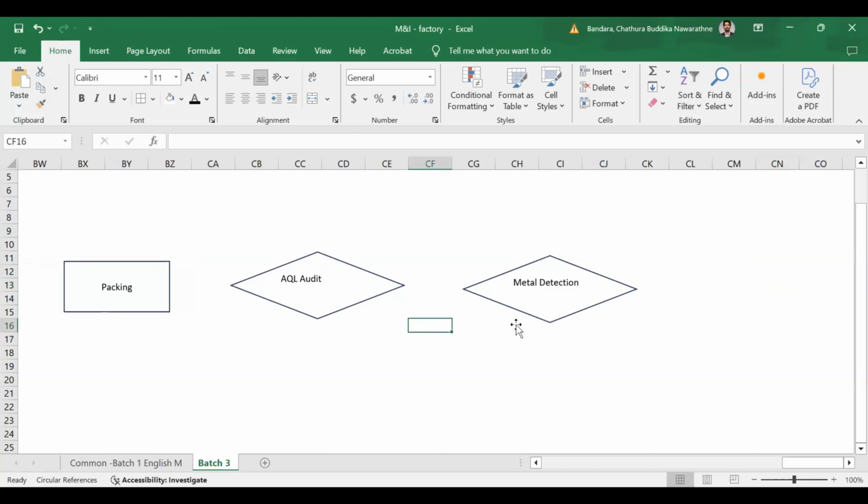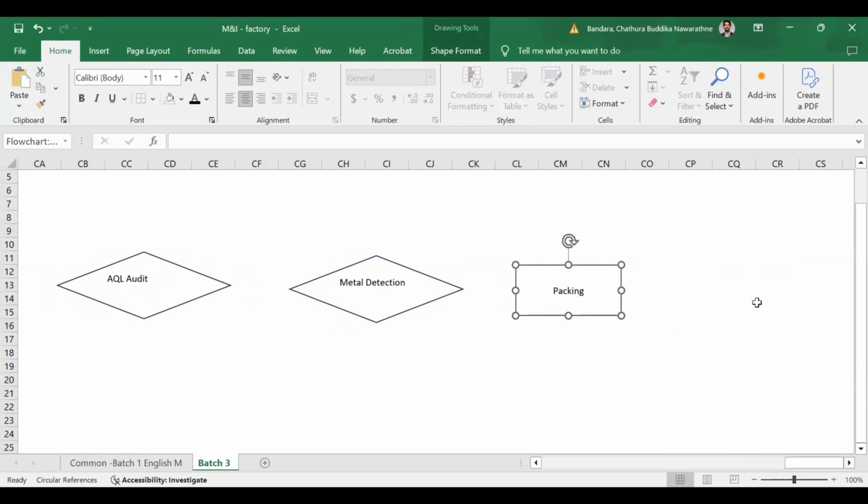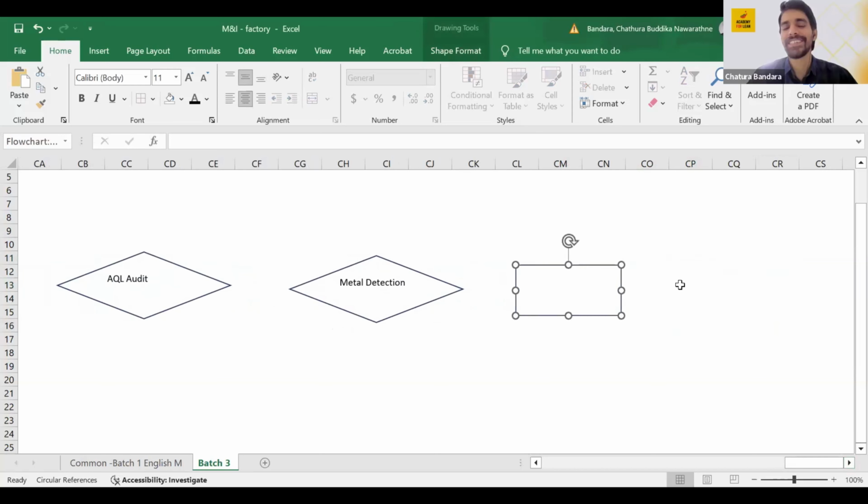After the metal detector, it's going to packing. So what should the process be called? Can we write going to packing? No, no. What should be the words?